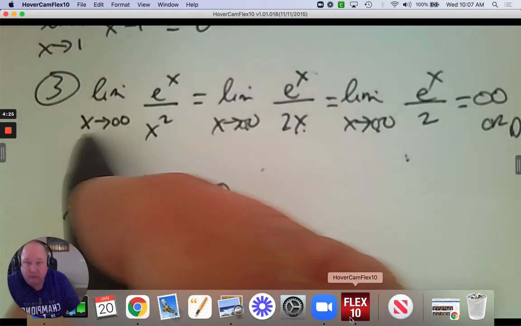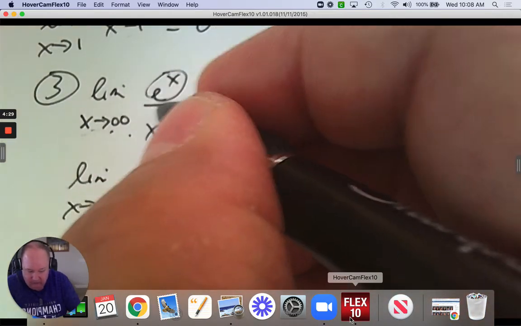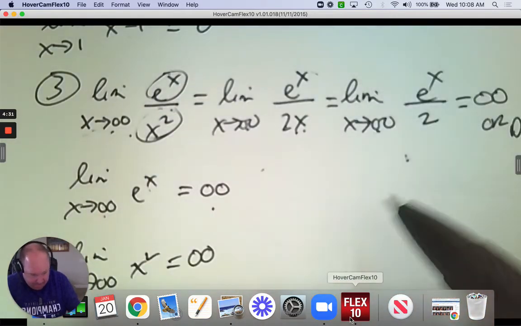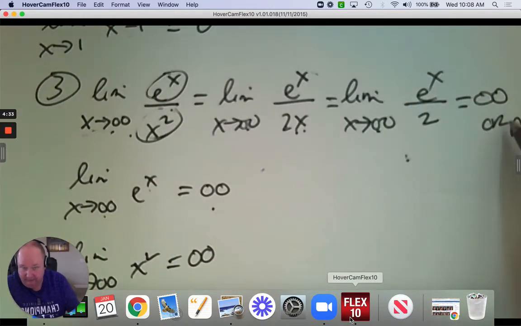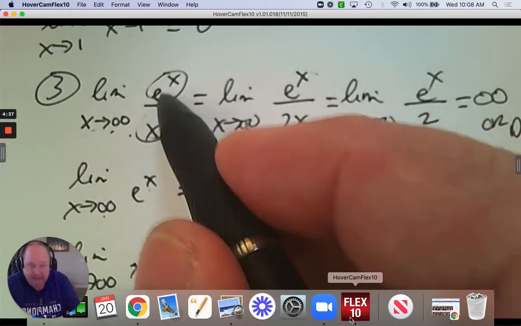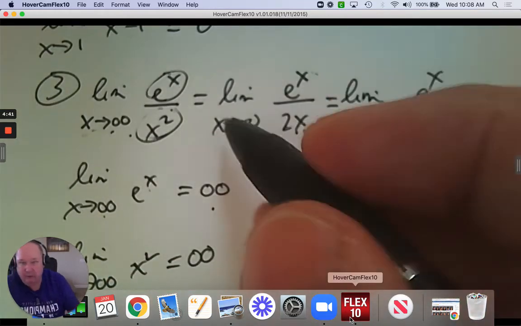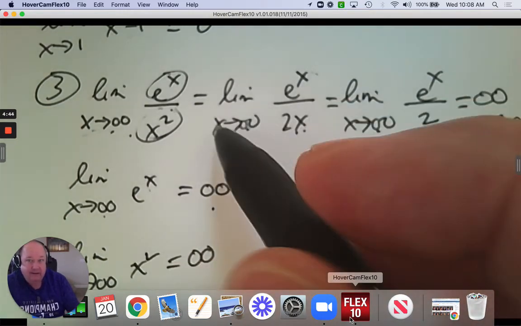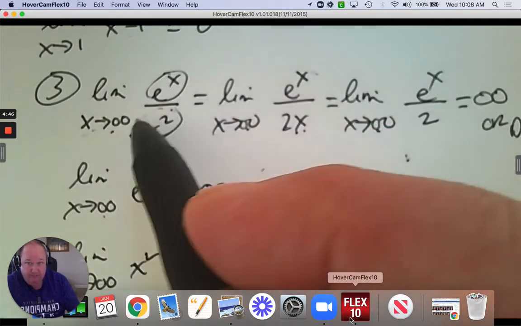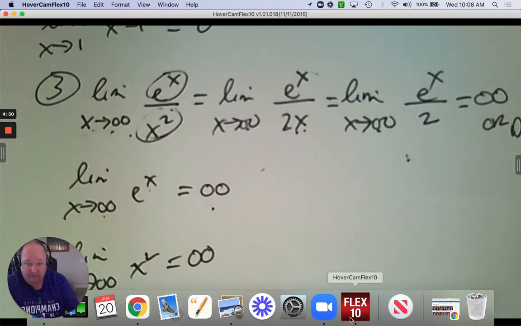What this is really saying for the right end behavior is that when the numerator increases faster than the denominator, it's going to go to infinity. If this was a reciprocal, if the denominator was increasing faster, then it would be approaching 0. And if they're increasing at the same rate, you would divide to get the answer. All right, let's look at number 4.